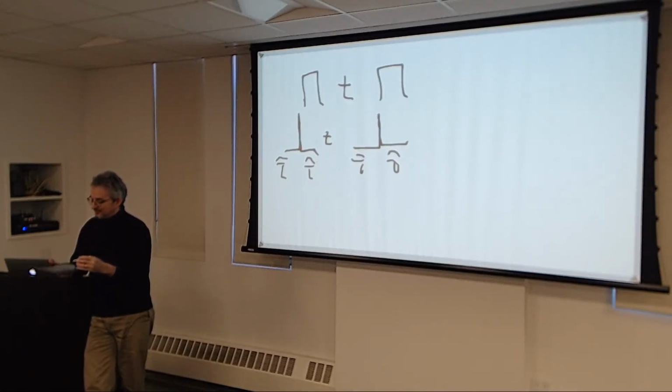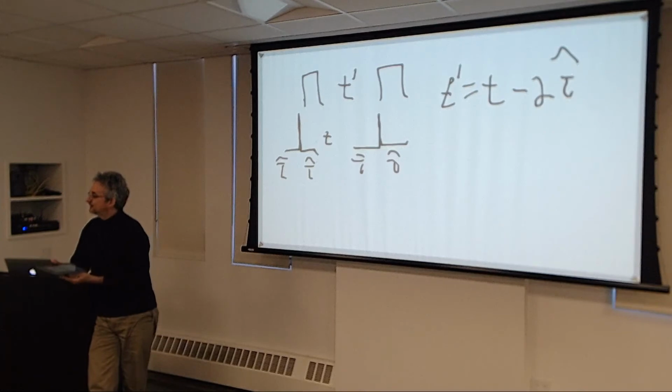So I should really, in the experiment, compensate for this by setting this to be t prime, where t prime is the value of t I really want, minus 2 tau hat, to account for this little bit of evolution here and the little bit of evolution there. And then I correct the phase problem that I would otherwise have.